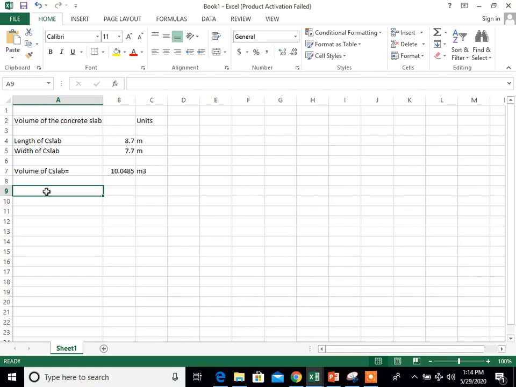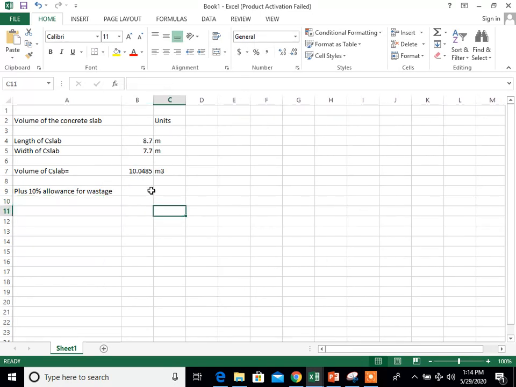Likewise, in estimating, it's at the discretion of the engineer whether to allot an allowance for wastage. For the allowance for wastage, plus 10%, it depends on you, 10% allowance for wastage. So simply multiply the total volume by 0.1.